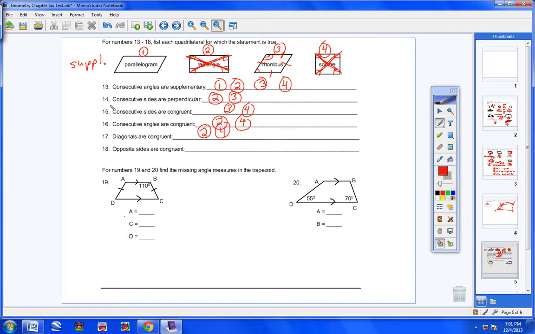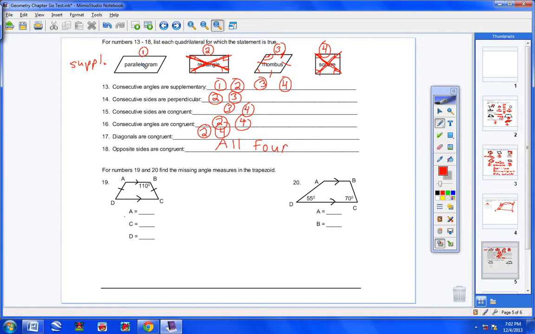Opposite sides are congruent. Well, that should be all 4 of these, I would think. We know that one of the characteristics of a parallelogram is opposite sides are congruent.